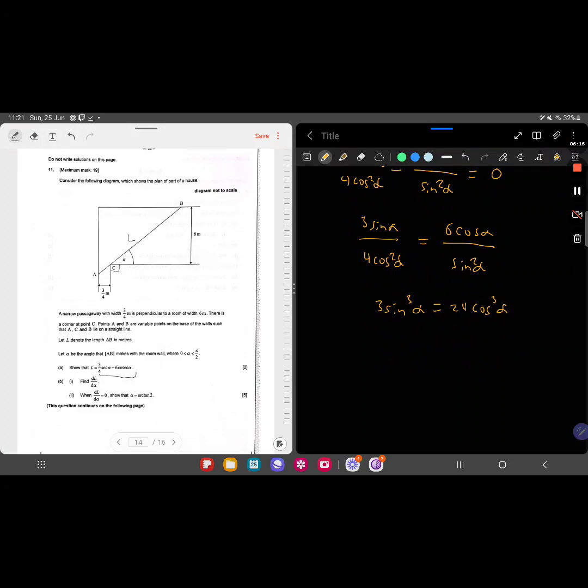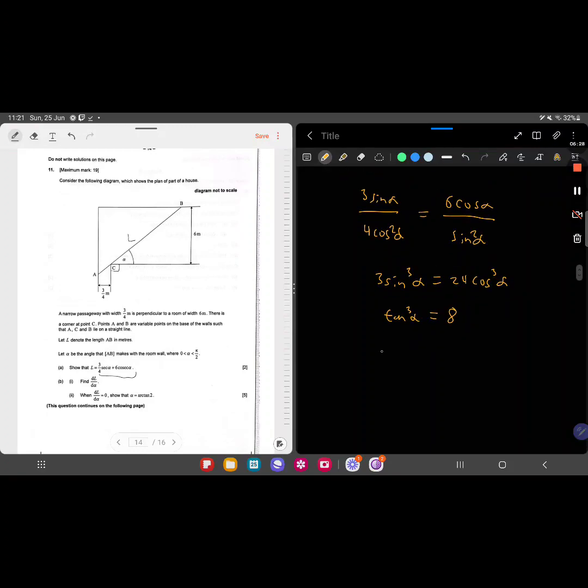Divide by cos on both sides, and sine over cos is tan, so this part is going to be tan cubed alpha. Divide by 3 on both sides, we're going to have 8. Cube root both sides. Now, it tells me alpha is between 0 and pi over 2, right?